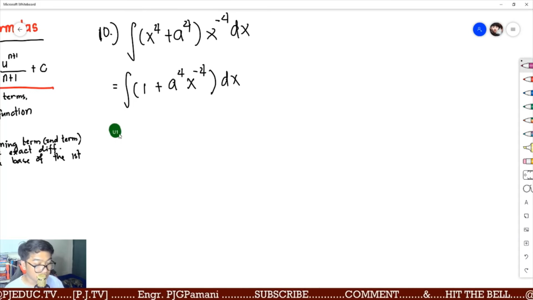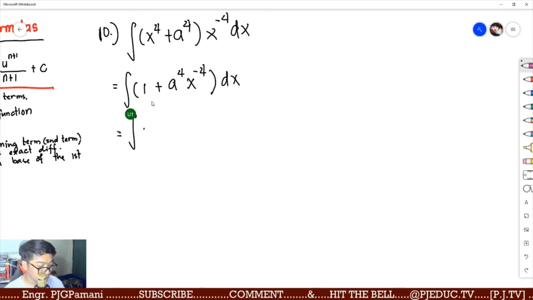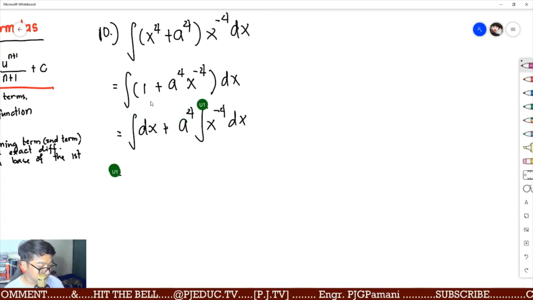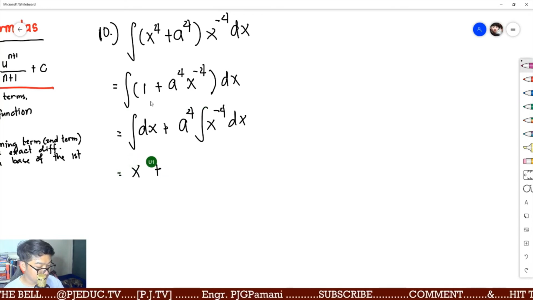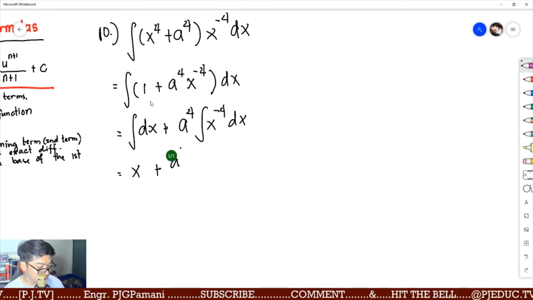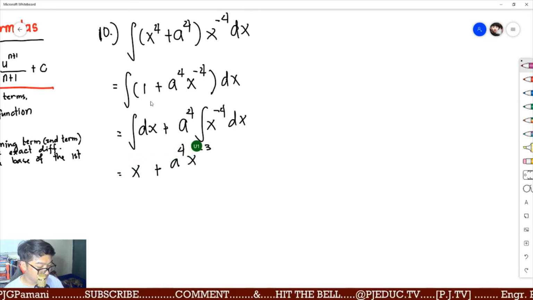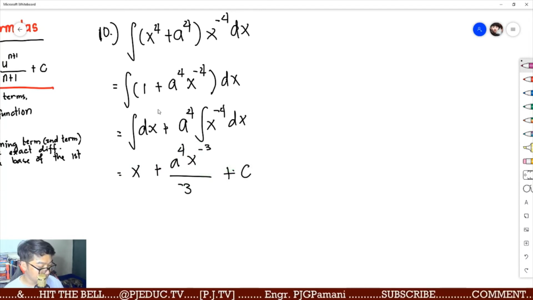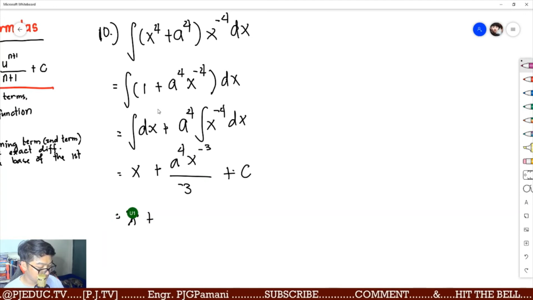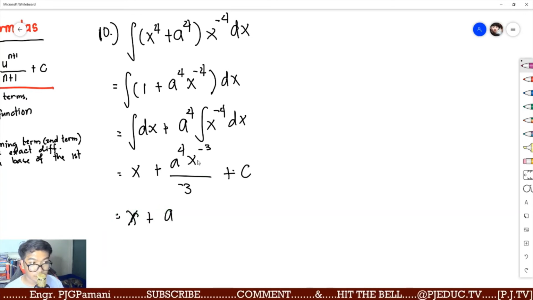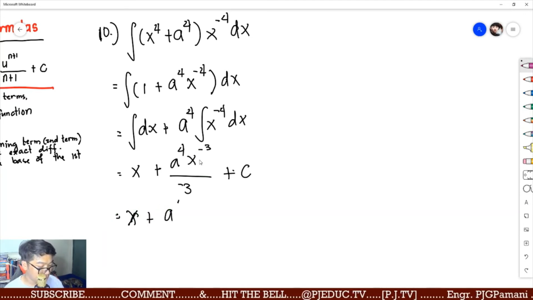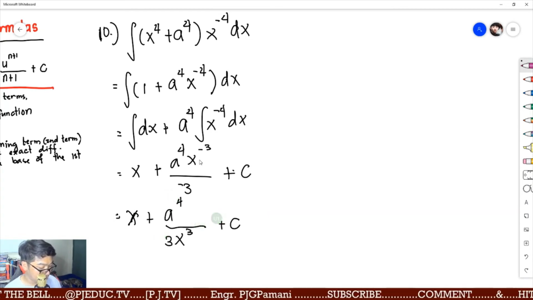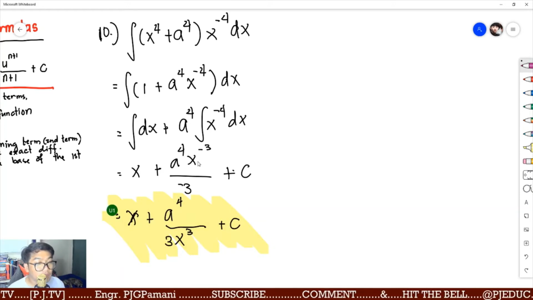So integrate that one gives us x plus a raised to the 4 times x raised to negative 3 over negative 3 plus c. Simplify gives us x plus a, that variable has an exponent of negative, so negative 3. So ibaba natin siya, 3x raised to 3 plus c. Yun na yung ating final answer.